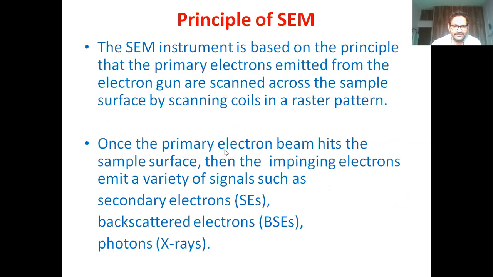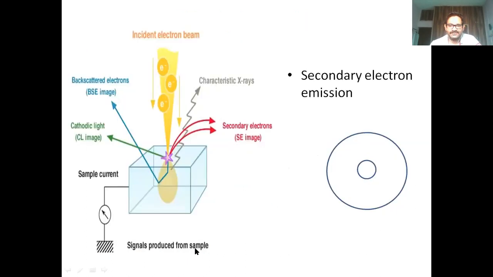Once the primary electron beam hits the sample surface, the impinging electrons emit a variety of signals such as secondary electrons, backscattered electrons, and photons. So we normally need to know what the secondary electron emissions, backscattered electrons, or X-rays are.